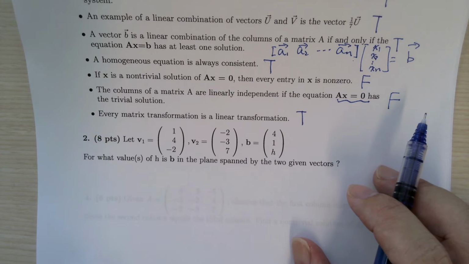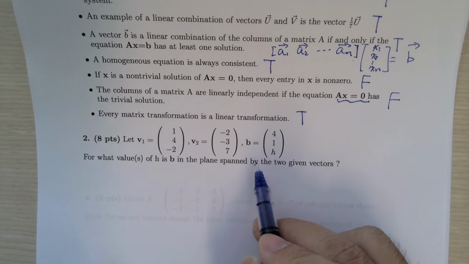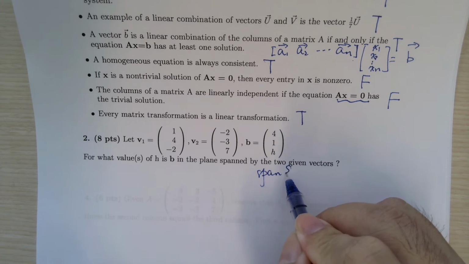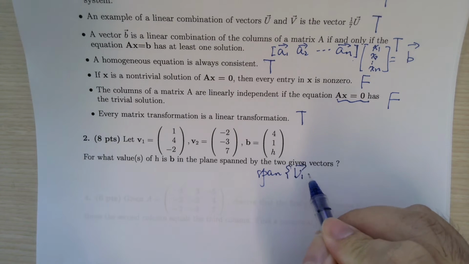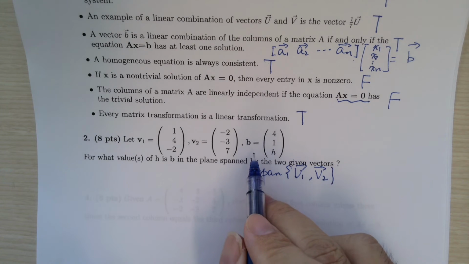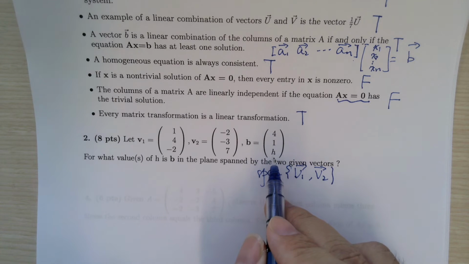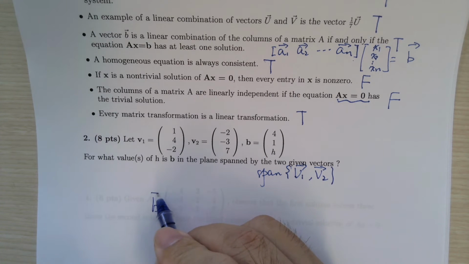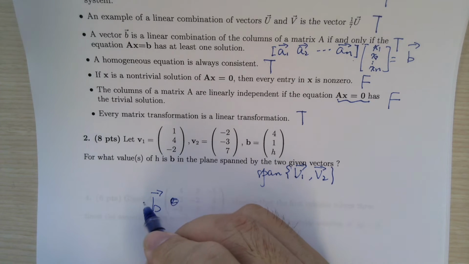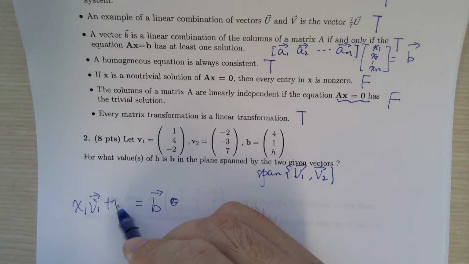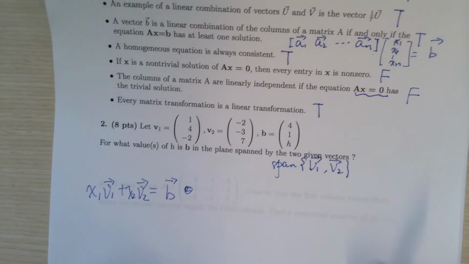Well, if b is in the span of v1 and v2, meaning that we can always write b as a linear combination of v1 and v2. So in other words, we can always write it like this.